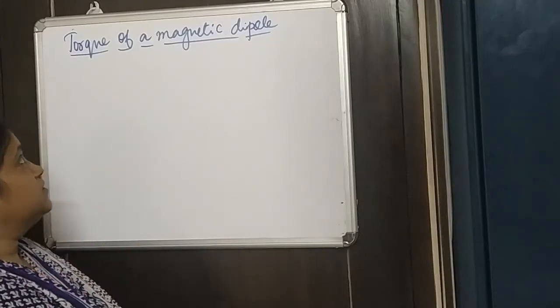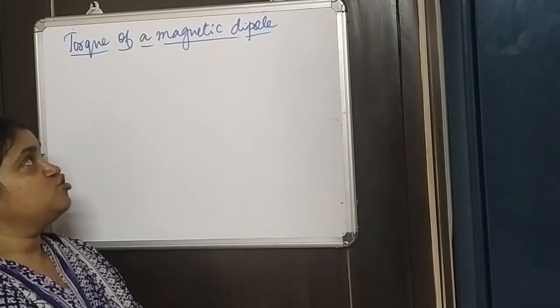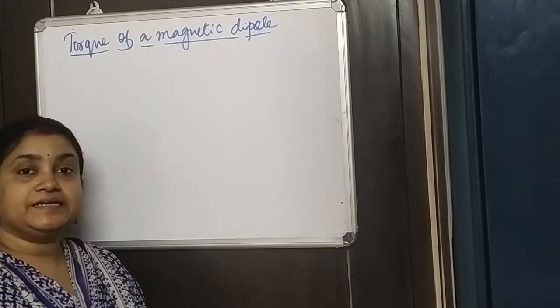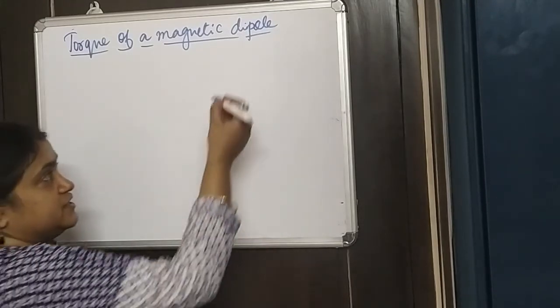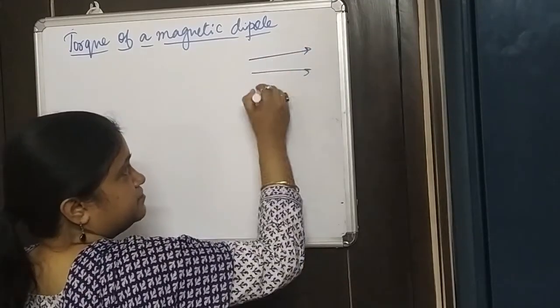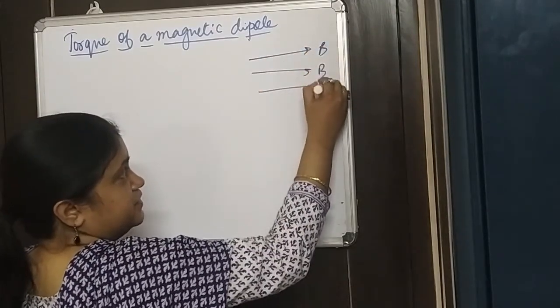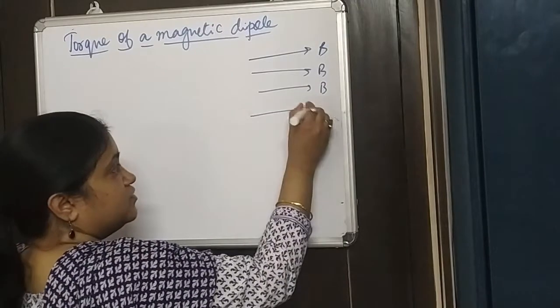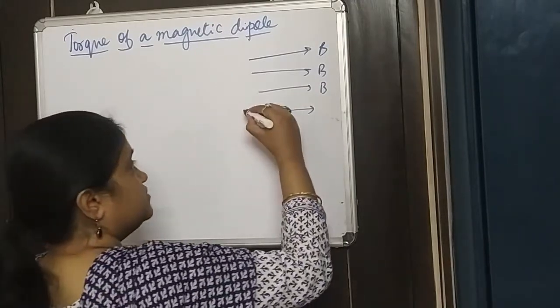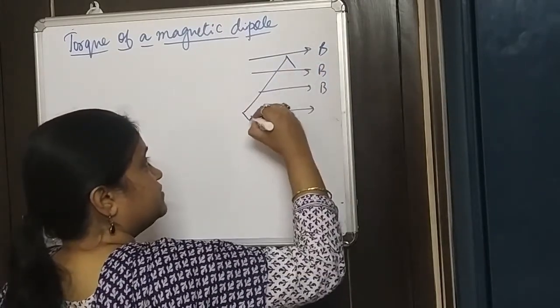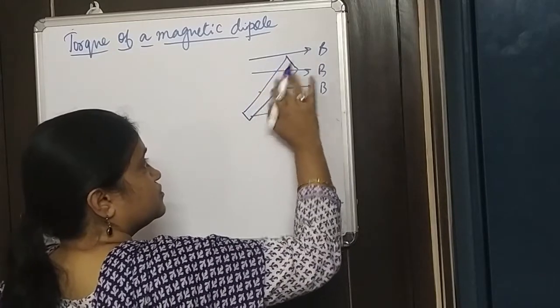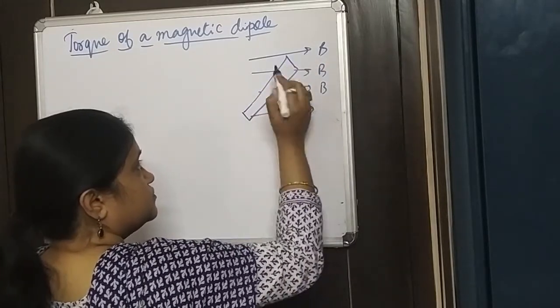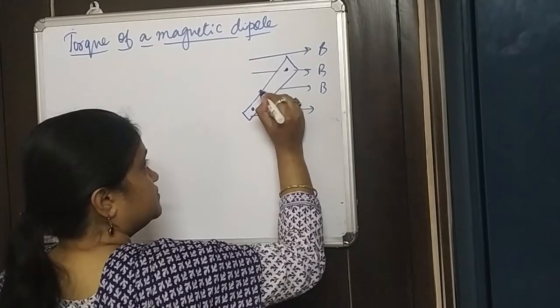We are going to start to see what is the torque on a magnetic dipole. So suppose there is a magnetic field. This is a field B, and on this field I have kept a bar magnet. So this is the bar magnet.